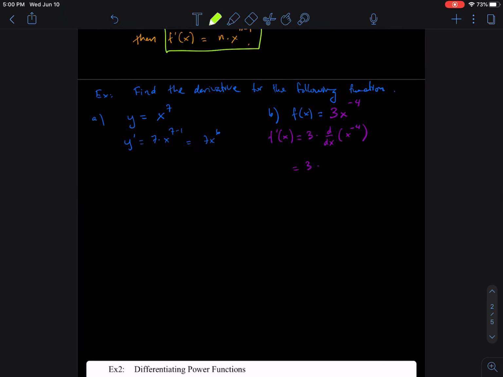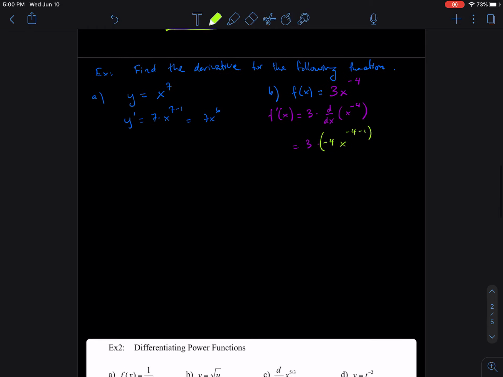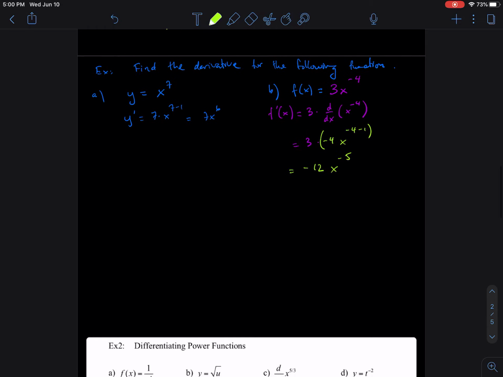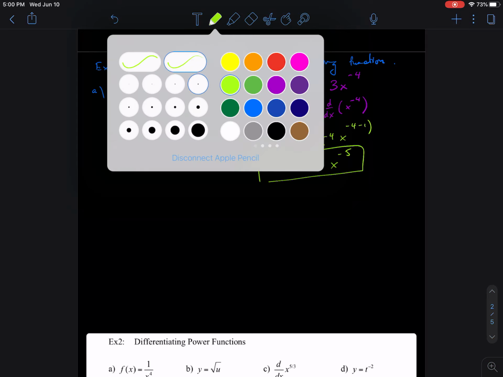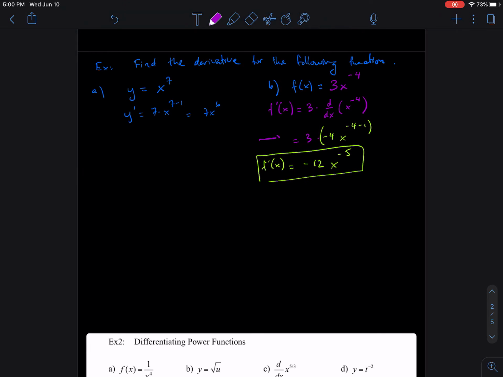Using the power rule, the negative 4 comes down, and then x, and then take that power, subtract 1. So that will give us negative 12x to the negative 5 as our final answer for the derivative. I'm just writing this step here to show you guys that you can times the constant after we take the derivative of the variable part.